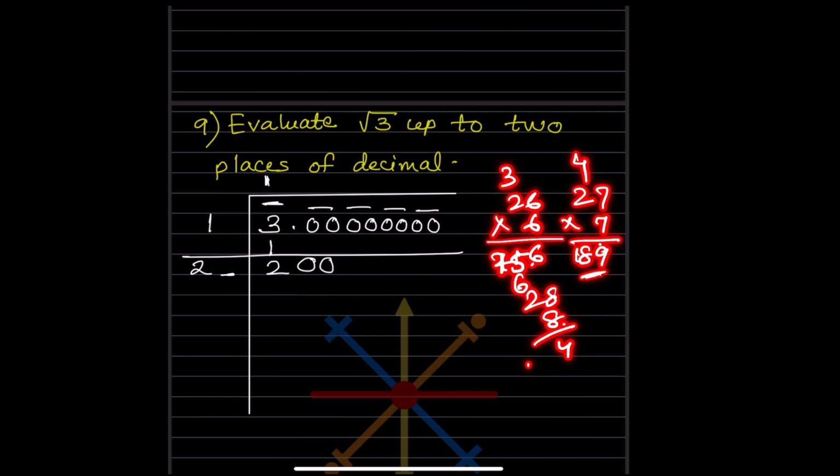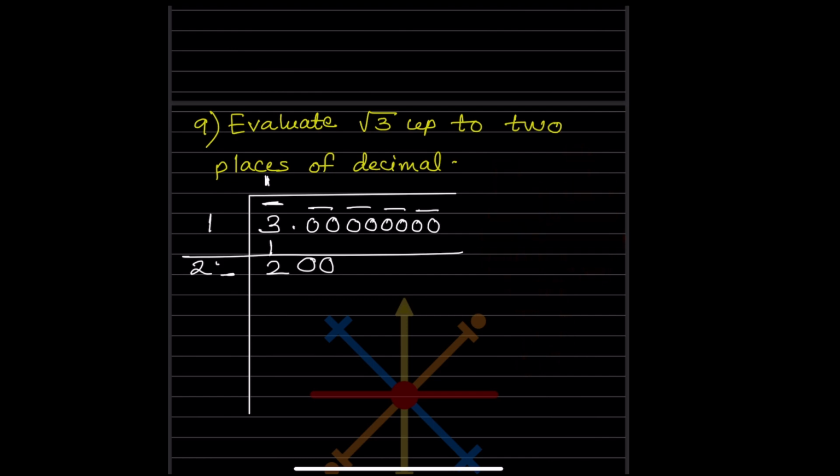So here I can take 27 into this 7, so that is going to be 189. So 1, 1. And now when we add this, 27 plus 7, that is going to be 34. Now because this 11 is smaller than that, again I have to take these 2 zeros down.